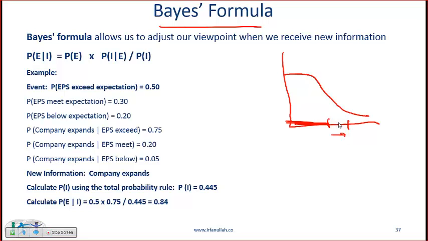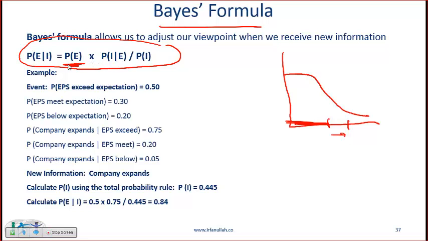I'm not going to explain this in detail now, but in case it shows up, I'll tell you how to deal with such problems. The first thing that you do is you remember this formula. Probability of event given information is equal to, the starting point is the original probability of the event, and then you are going to change this based on the new information. And how do you change it?